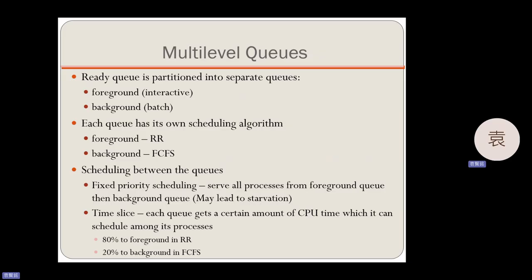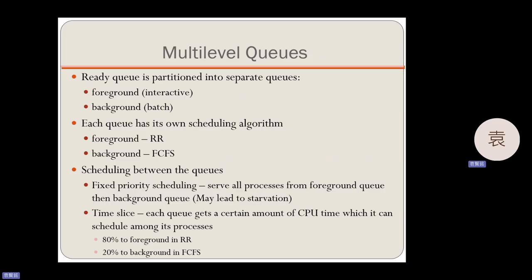Of course, to do this kind of time slicing mechanism, the scheduler must be preemptive. Round robin can be preemptive, and the first come first served also needs to be preemptive, because when it's time to schedule processes from round robin, the background job needs to be preempted. Okay, and so on.